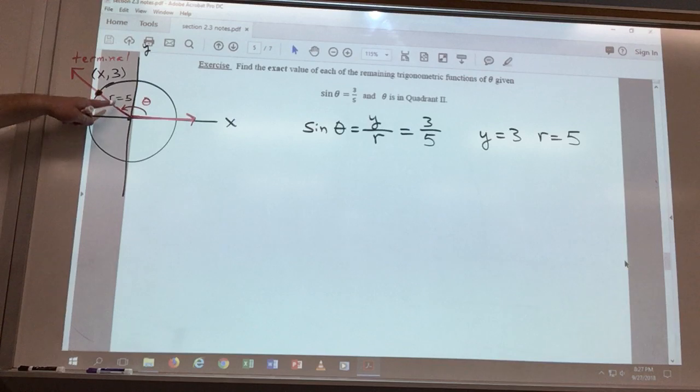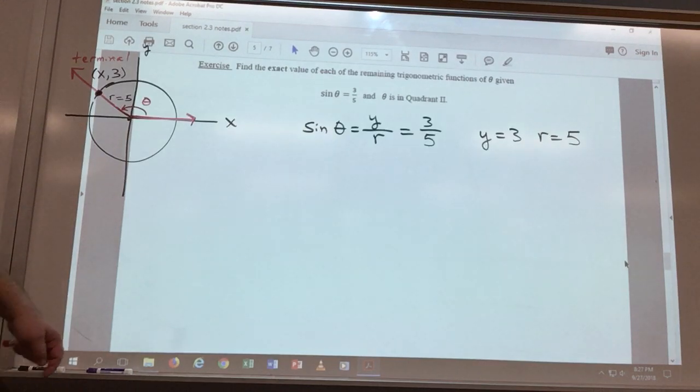So we know the y coordinate, we know the radius. What we don't know is the x coordinate for this point. And once we know the x coordinate for this point, we can find the 5 remaining trig functions of theta for this problem, based upon the information that we're given.